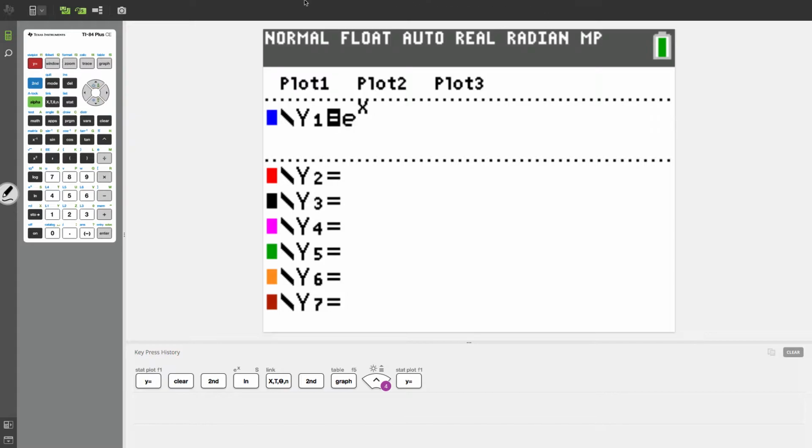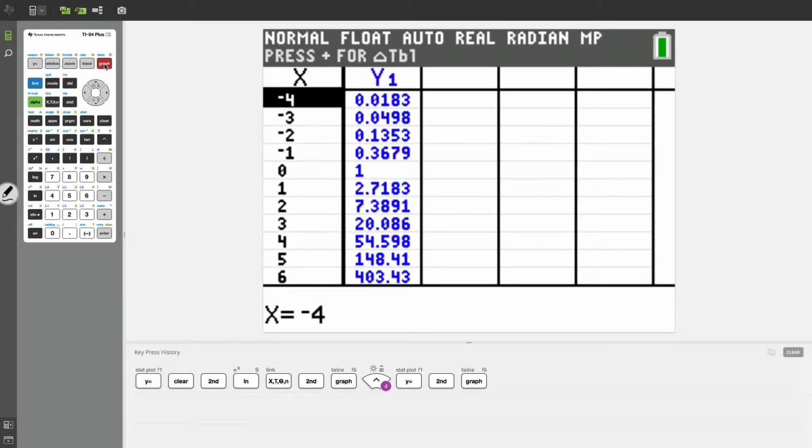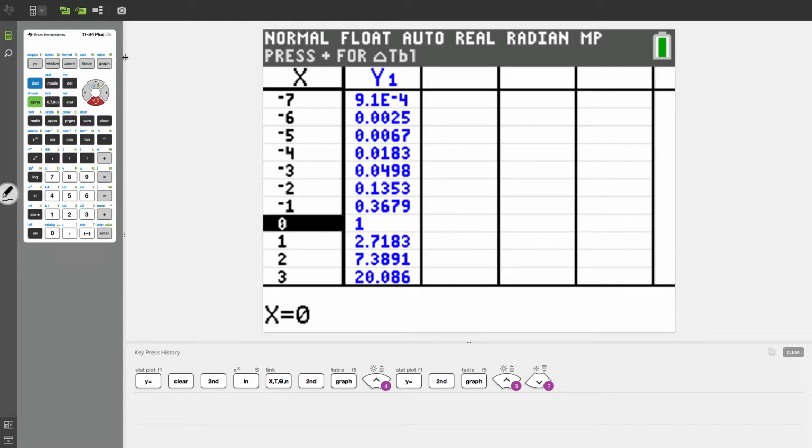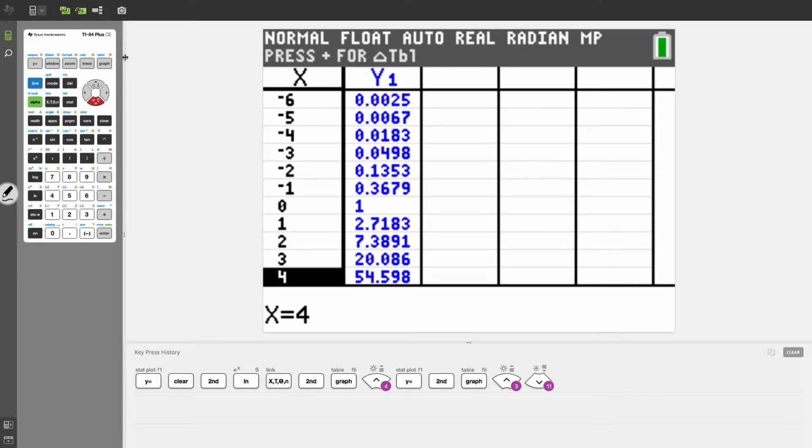Okay, instead of hitting graph, though, if you just type second and then graph, because above it says table, it will take you to a screen like this. And you now have a table of values. You can scroll up and down and see what the values of e to the x are.